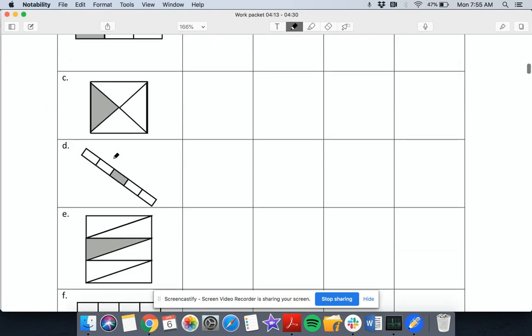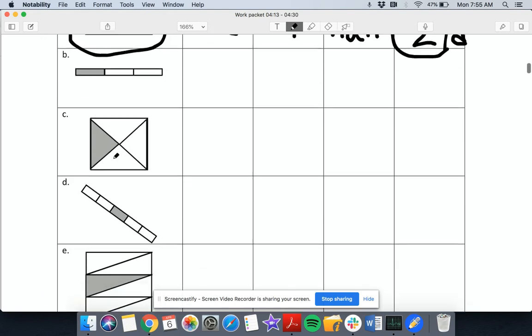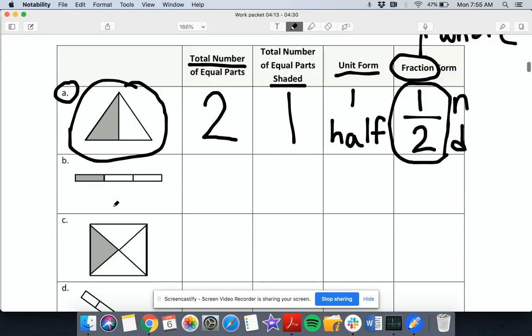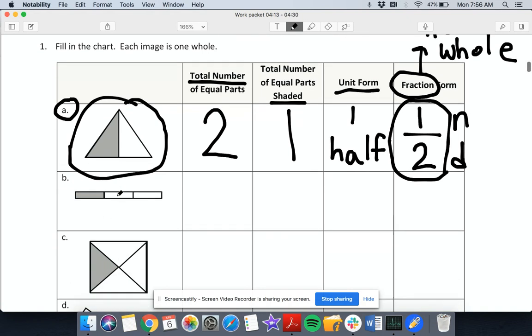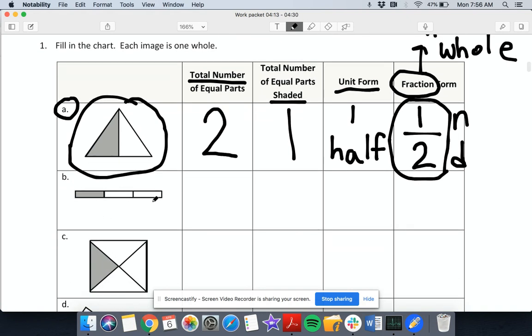I'm going to do B with you, and then you guys can do C, D, E, and F on your own. Okay, so B, let's start with the total number of equal parts. So let's count how many boxes there are in this diagram. 1, 2, 3. Do you guys see that? There are 3 parts in this diagram, 3 equal parts.